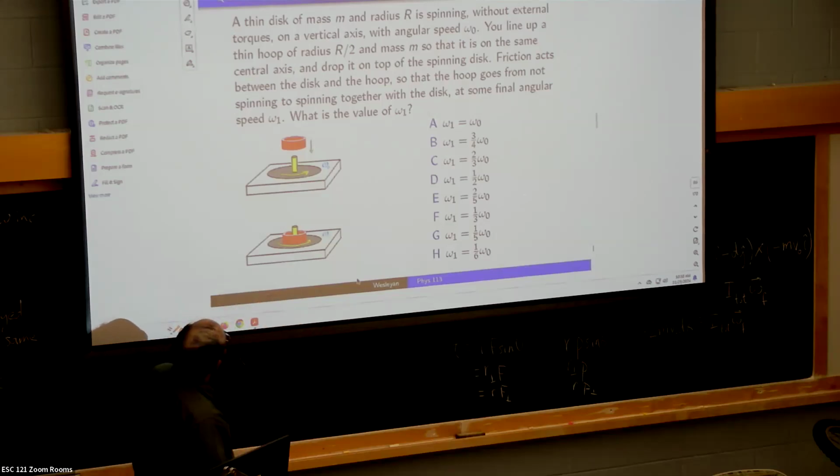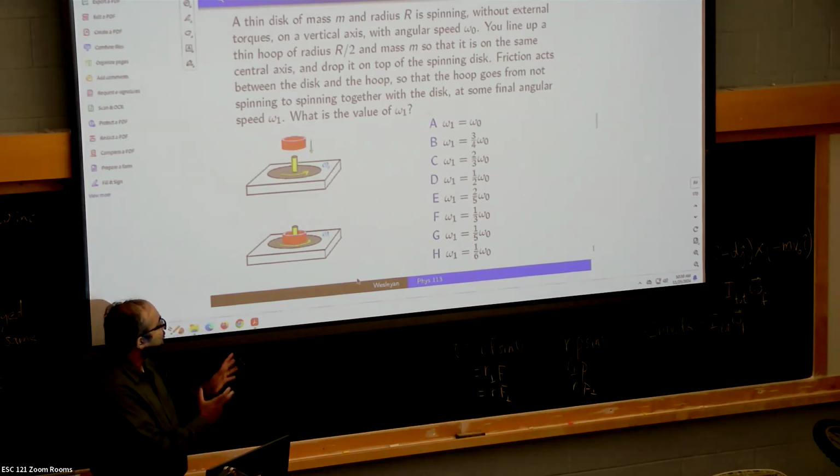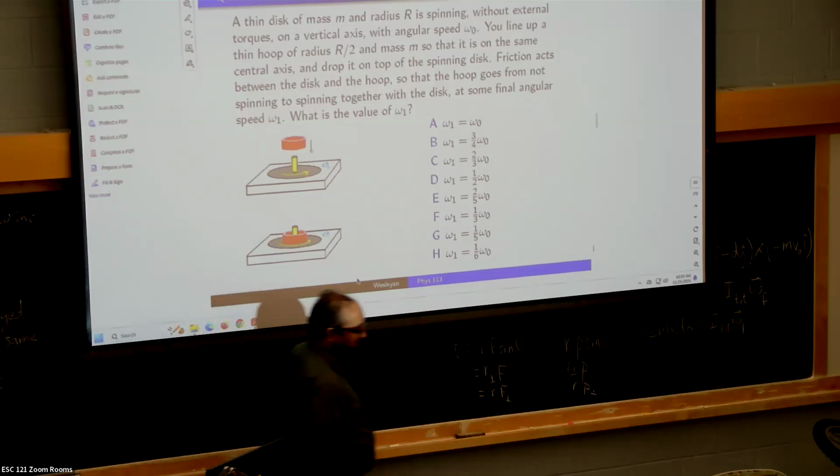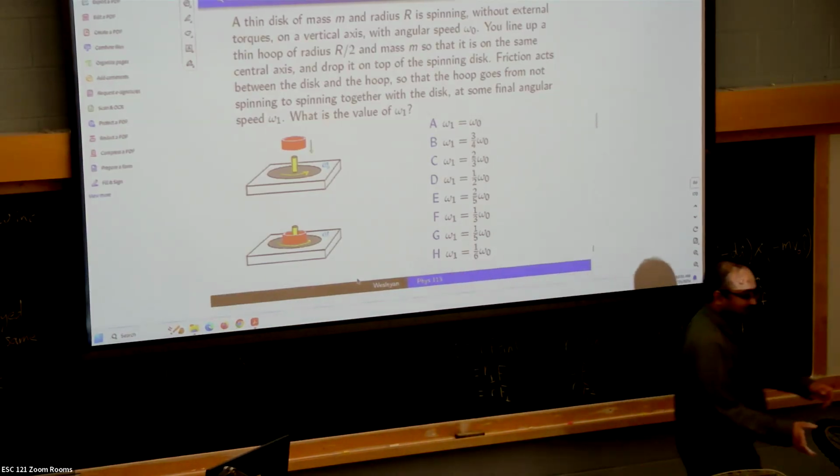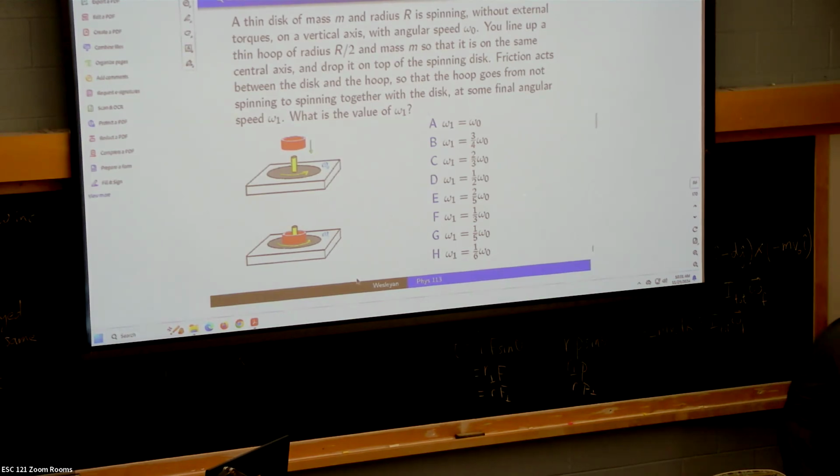And then you drop a thin hoop on top. Let me give you some dimensions. Okay, and it's asking, once they've finally settled into spinning together, what is the final omega one? And I would say you can go straight to discussion on this.